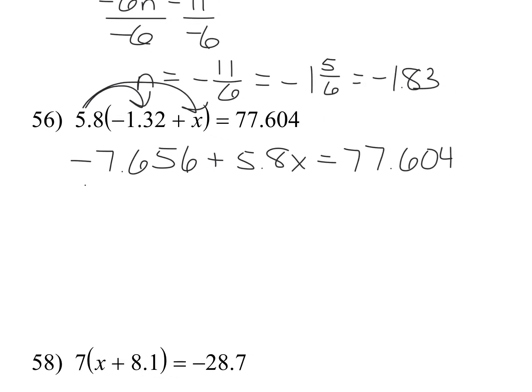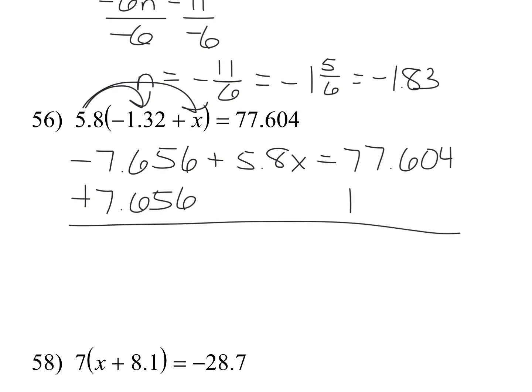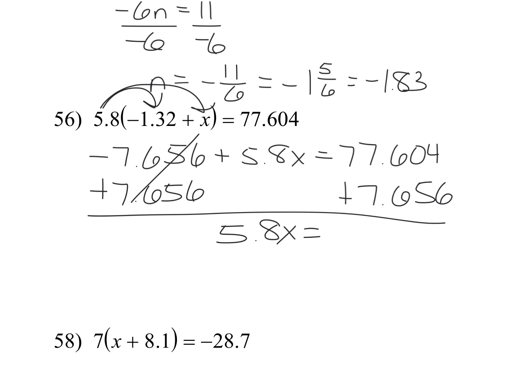All right, what's our next step? Add 7.656 to both sides. What do I get on that right side if I did that? 77.604 plus 7.656. 85.36. Last step.